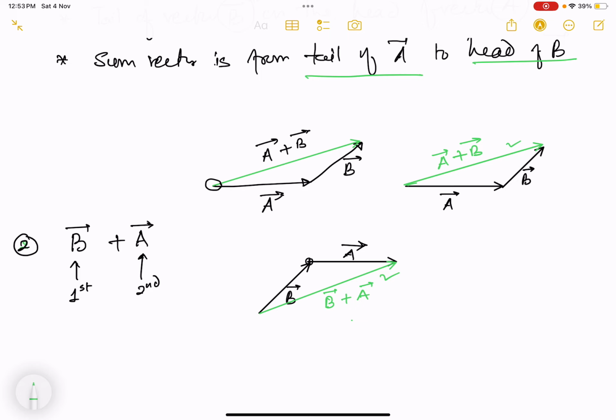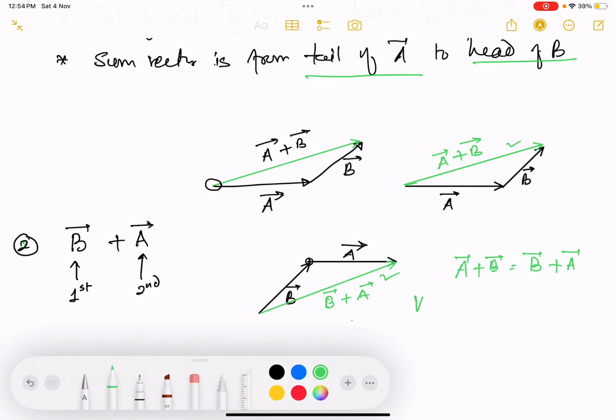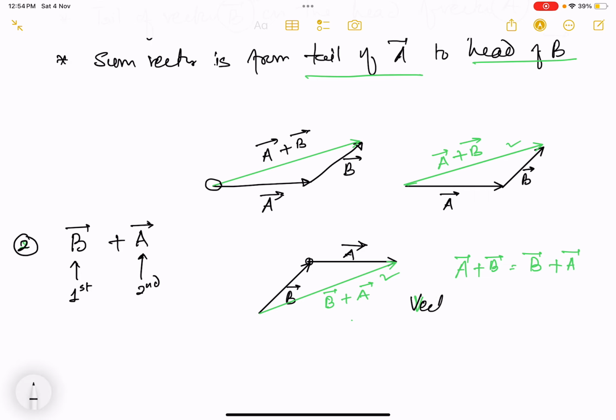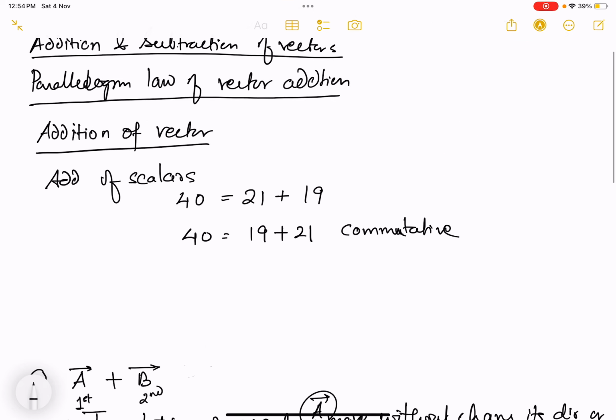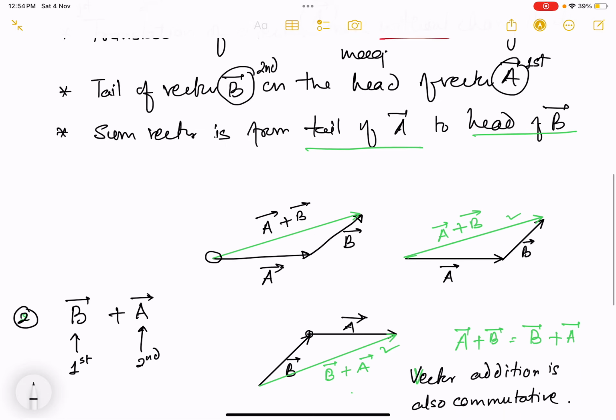Therefore we can safely say that A plus B is equal to B plus A. That means vector addition is also commutative. What do we call it? Commutative. Commutative क्या था? देखो इधर. If you change the order, the answer does not change.